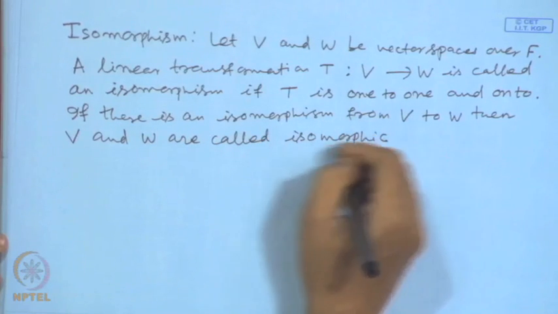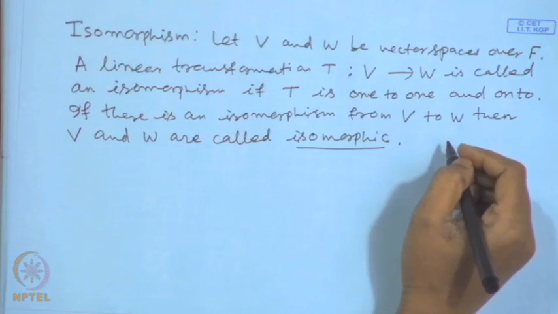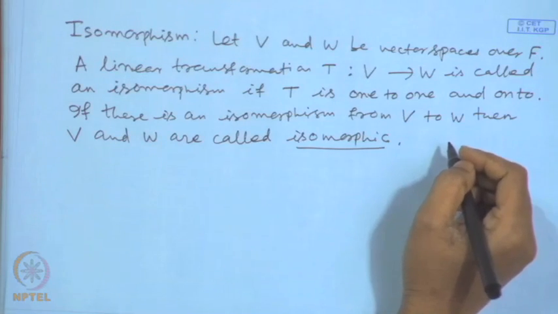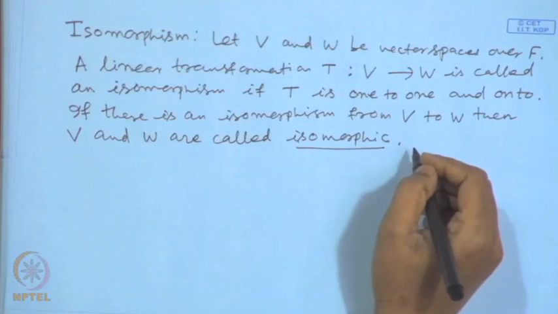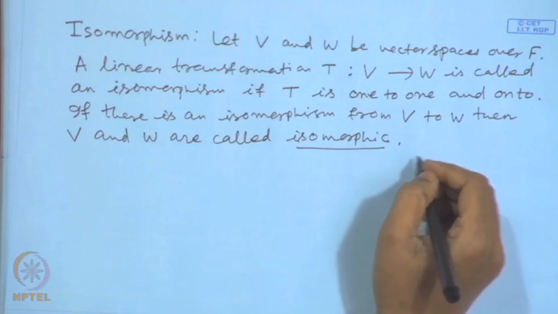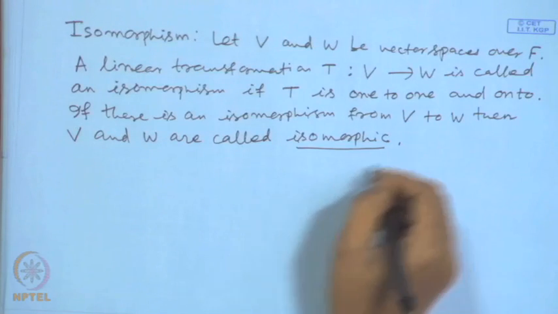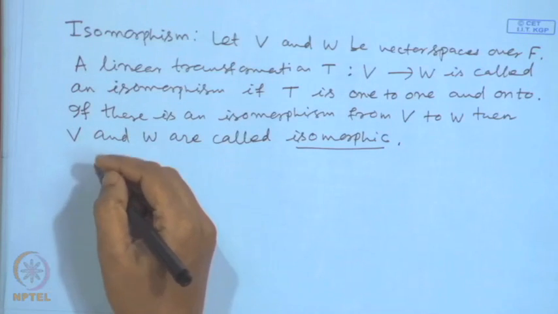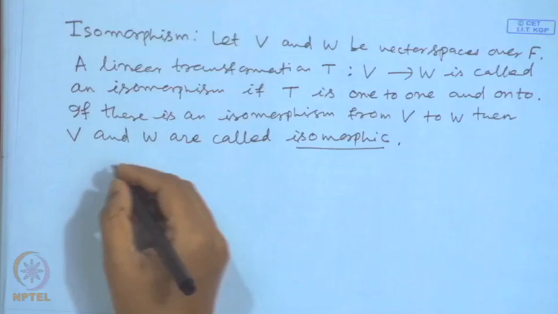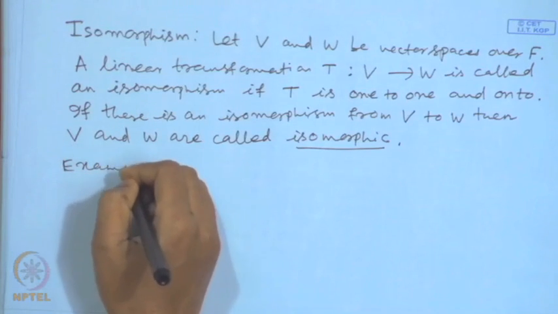So, isomorphic means that V and W have the same structure, algebraically they have the same structure. For every algebraic structure we consider this concept of isomorphism. This verifies whether given vector spaces have the same structure or not. So, we can have some examples of isomorphisms.